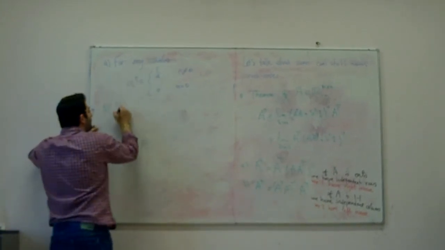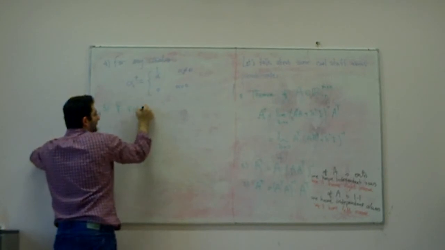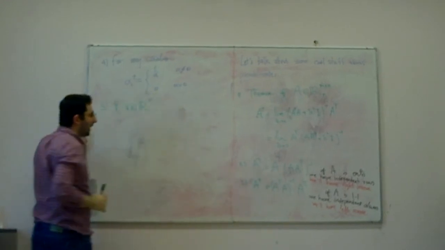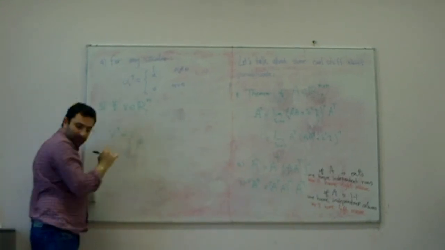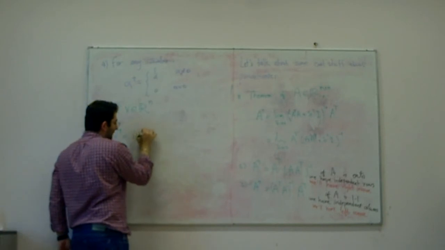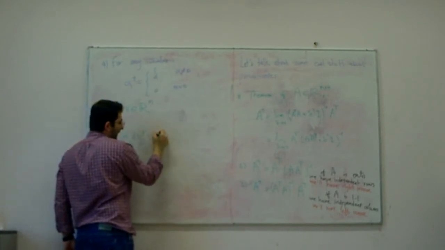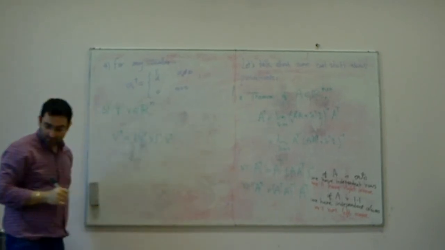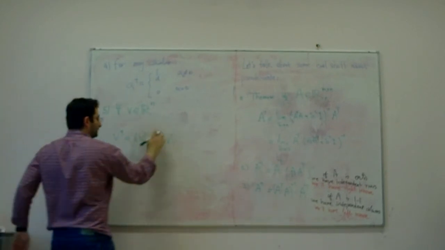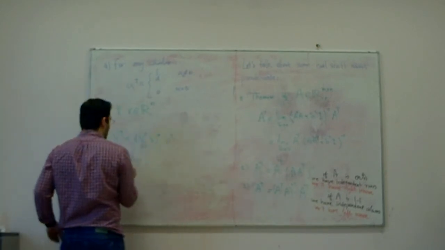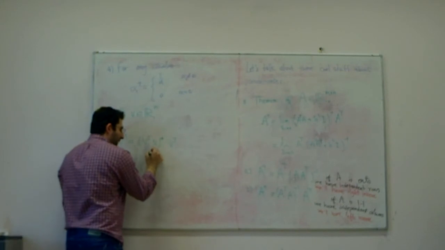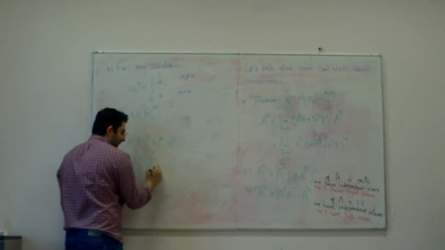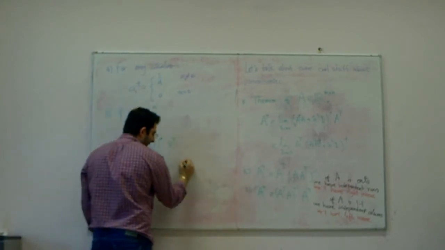Number 5 is for any vector V belonging to Rn. V plus is defined as V transpose V inverse V transpose, and it is equal to V transpose over V transpose multiplied by V if V is not 0.